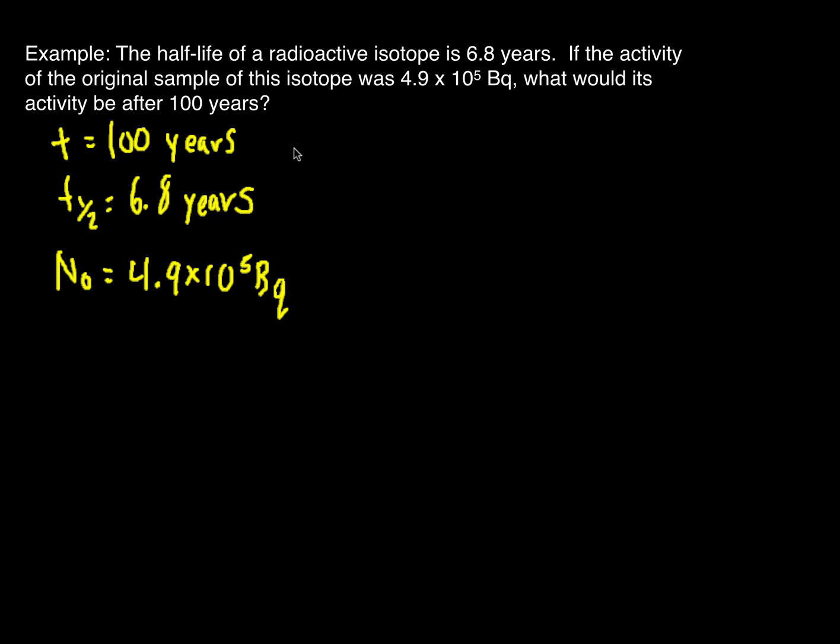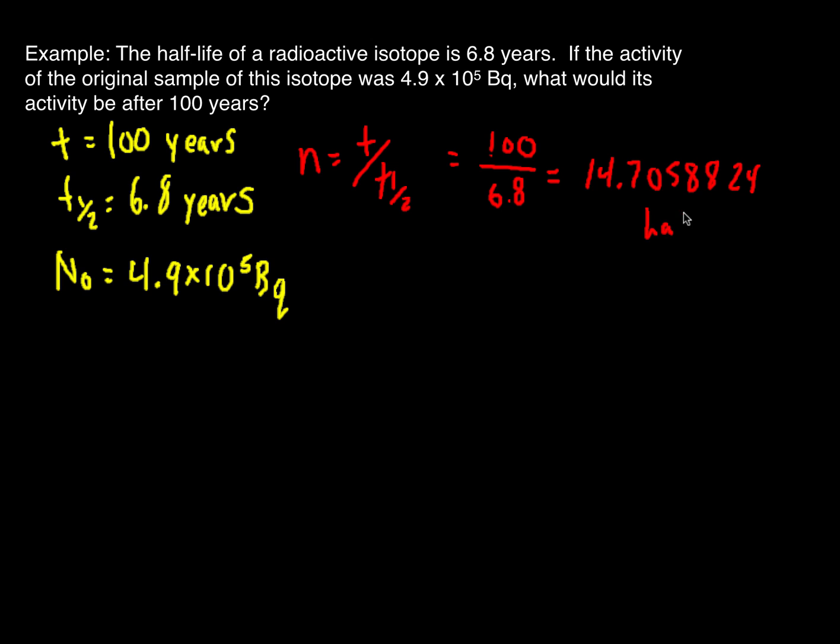n equals T over T1/2. So this is 100 divided by 6.8. This gives us 14.70588824 half-lives have passed. Now we can find out the activity level after 100 years.